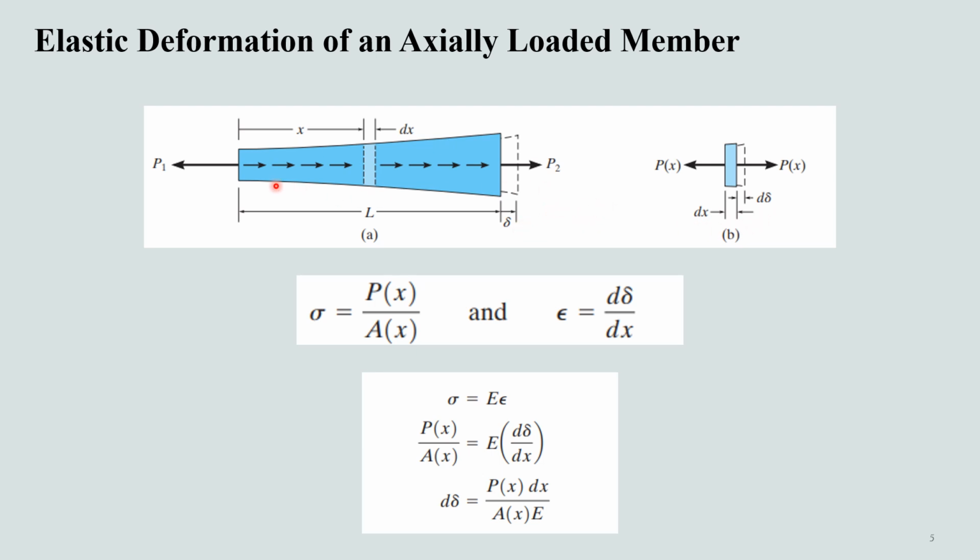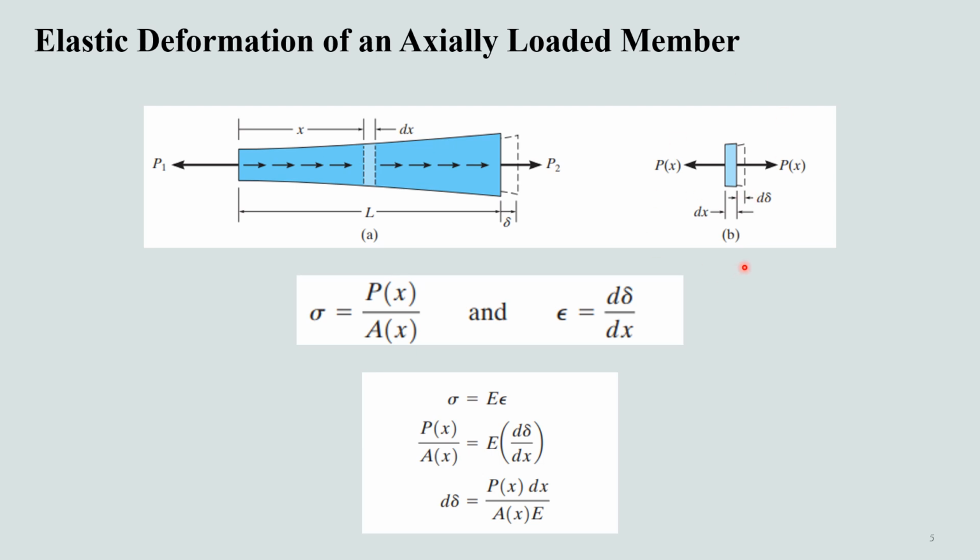The reactant force to this applied loading will not be uniform, but will actually be a function of the length of the bar, as shown in this free body diagram.